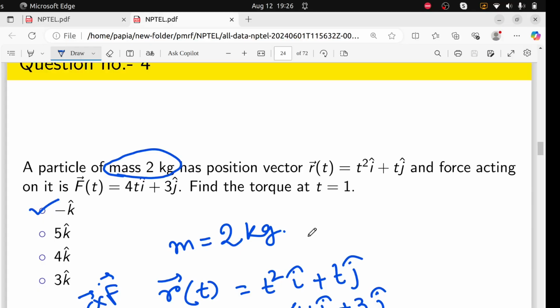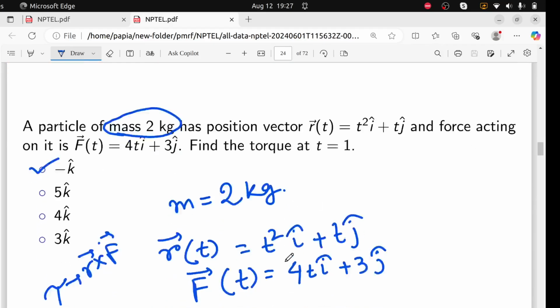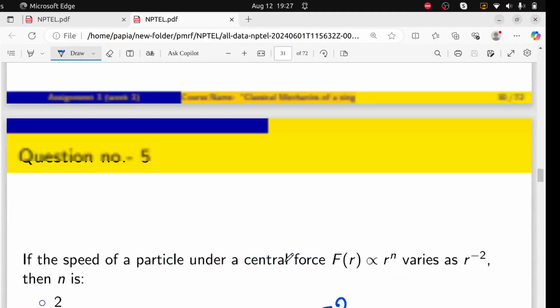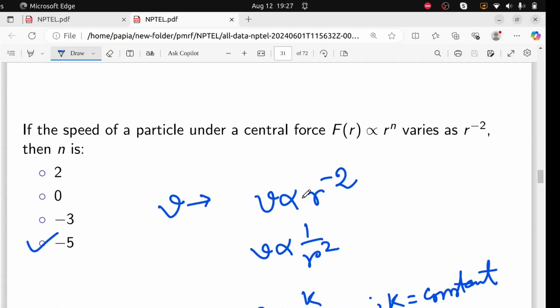Next, a particle of mass 2 kg has position vector this, and force acting on it is this. So you need to calculate the value of torque at t equals 1, minus k cap.